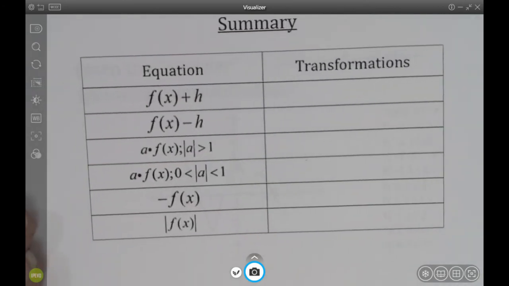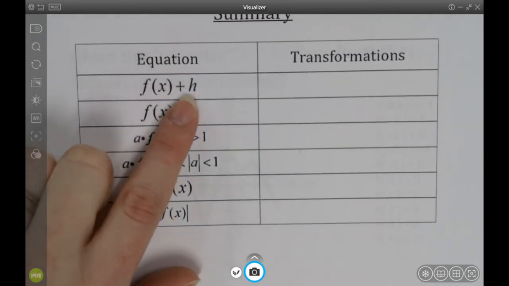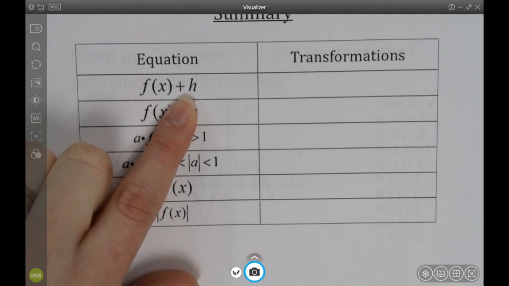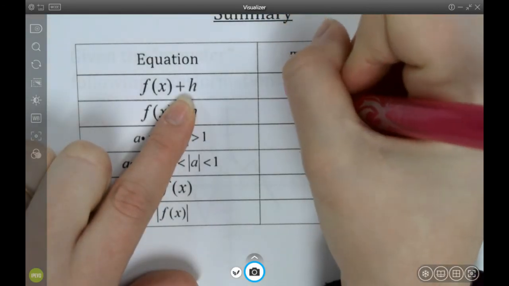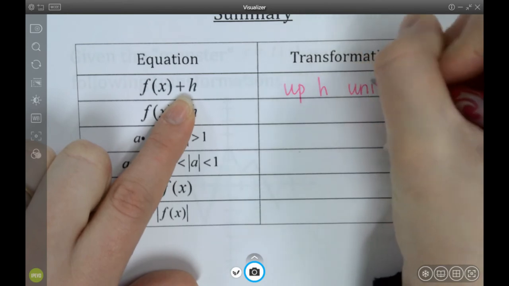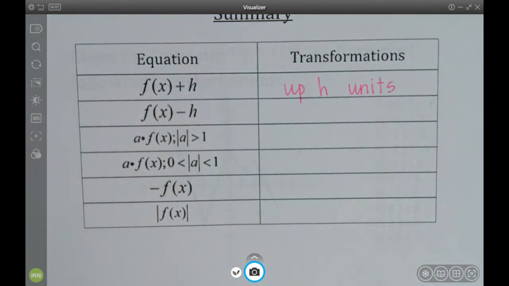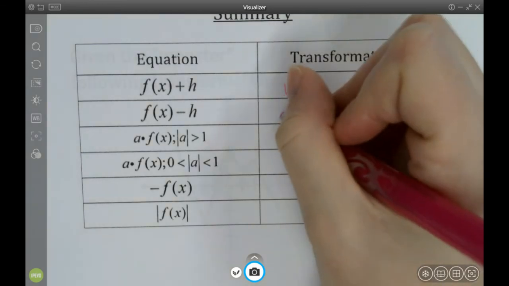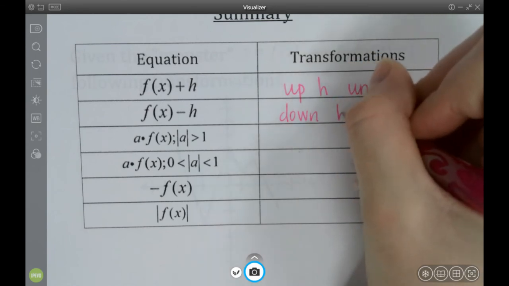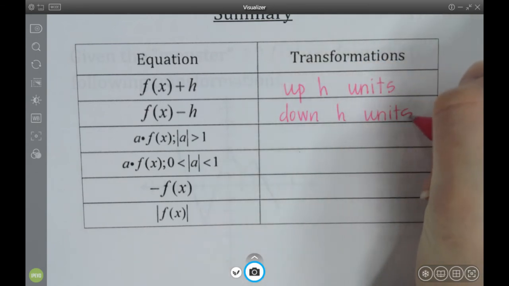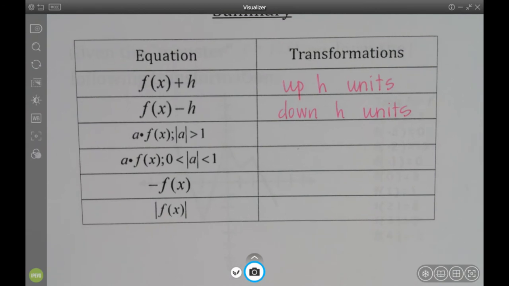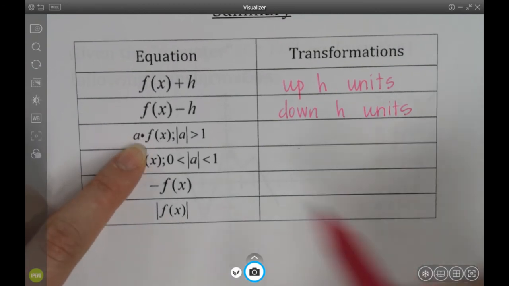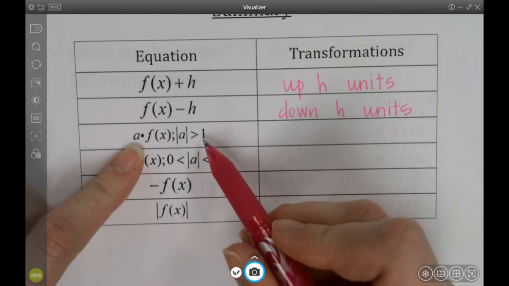Okay. So what happened to our graph when we added a number to the end? Yep, it moved up h units. So no matter what that h is, if you add it to the end, it's going to move up that many units. What about the minus h? Down h units. Okay, when we multiplied by a number bigger than 1 in front.